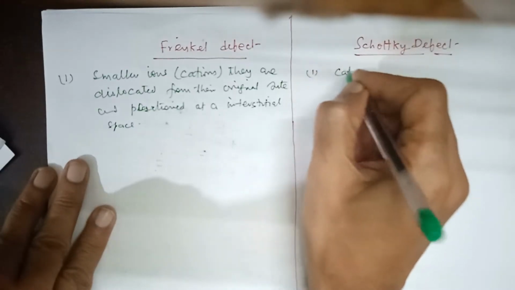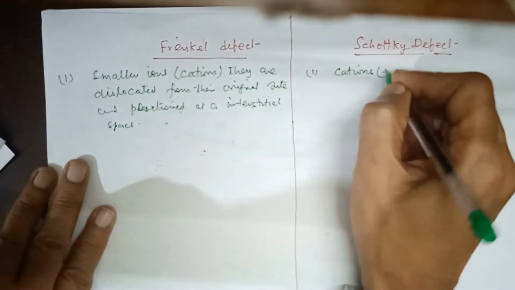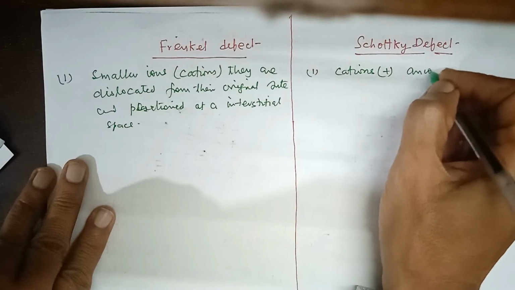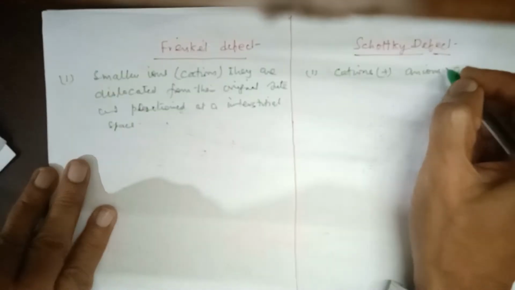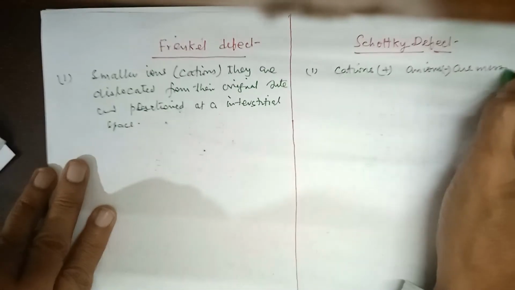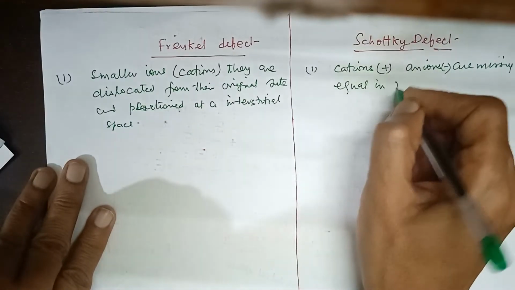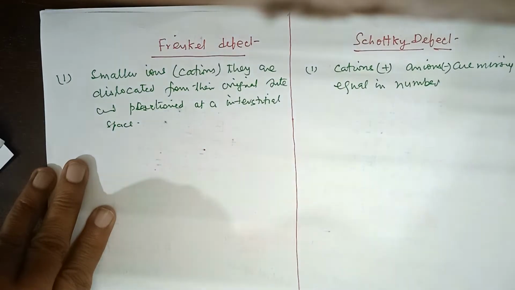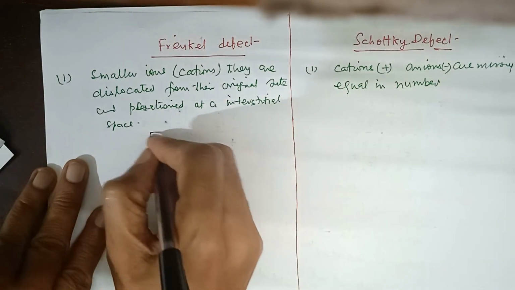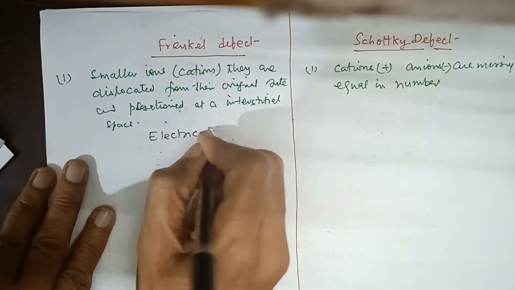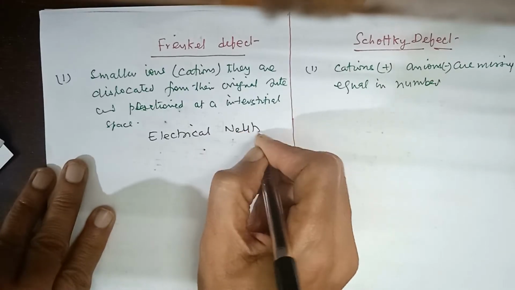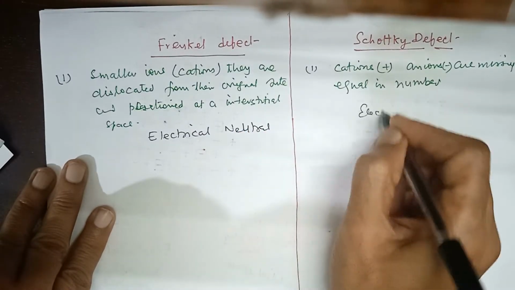Here cations means positive ions, and in Schottky defect anions and cations are missing, equal in number. Now this is also electrically neutral. This is also electrically neutral.